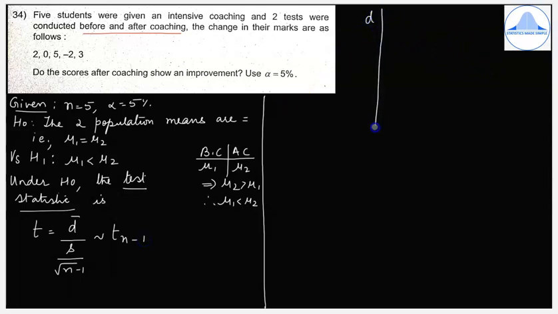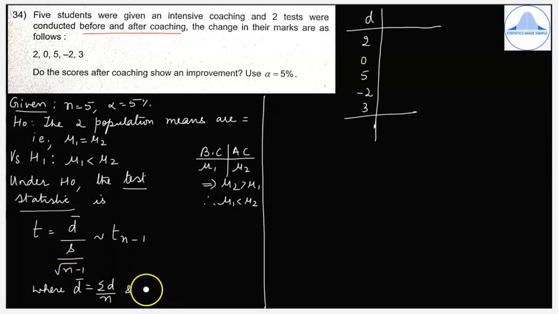The d values, that is the difference between the x and y values, are 2, 0, 5, -2 and 3. So let us find out d bar. What is the formula for d bar? D bar is nothing but summation d by n, and this s square formula is summation d square by n minus summation d by n the whole square.